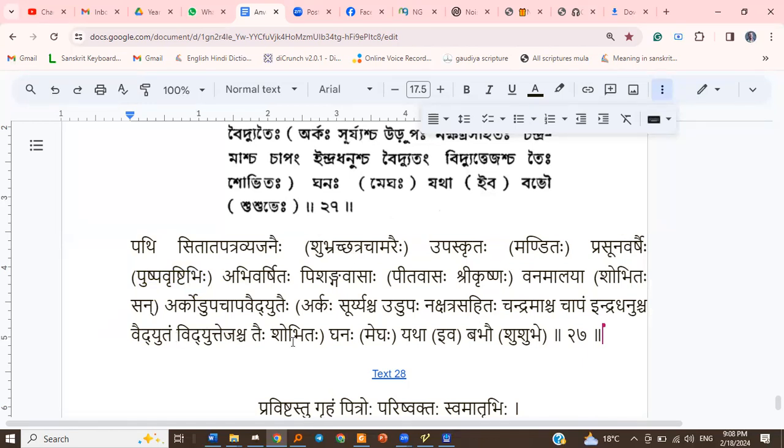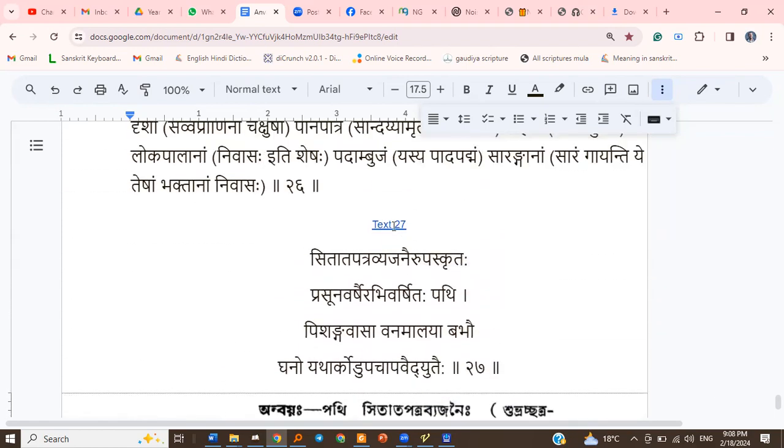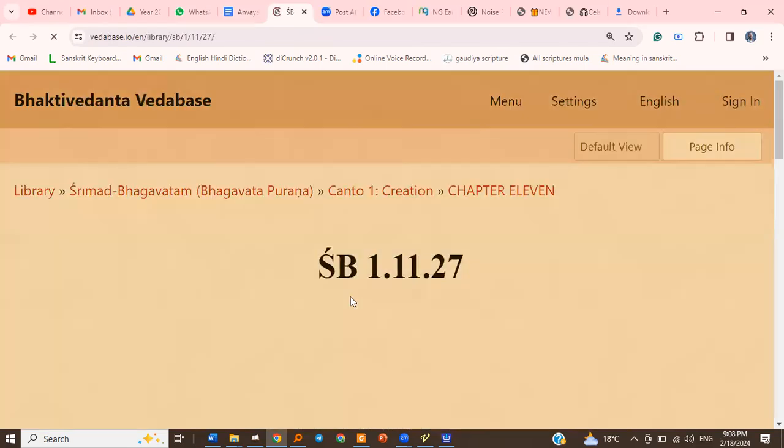So he was beautified just like the clouds look beautiful. The analogies with Surya and all are done with the Megha.